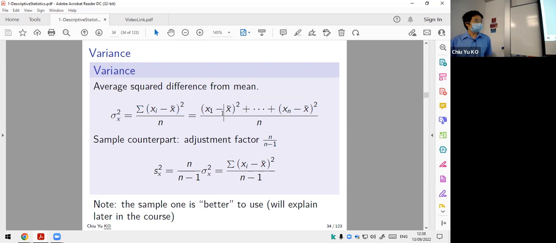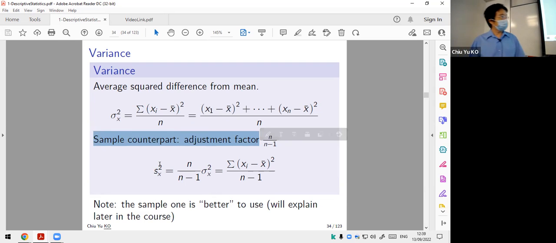But if you are a researcher or a firm who is only able to get a subset of the sample, in that case you will be using the sample counterpart, right? When you're not looking at all the things, but you want to use this as a measurement, you use this one, okay?